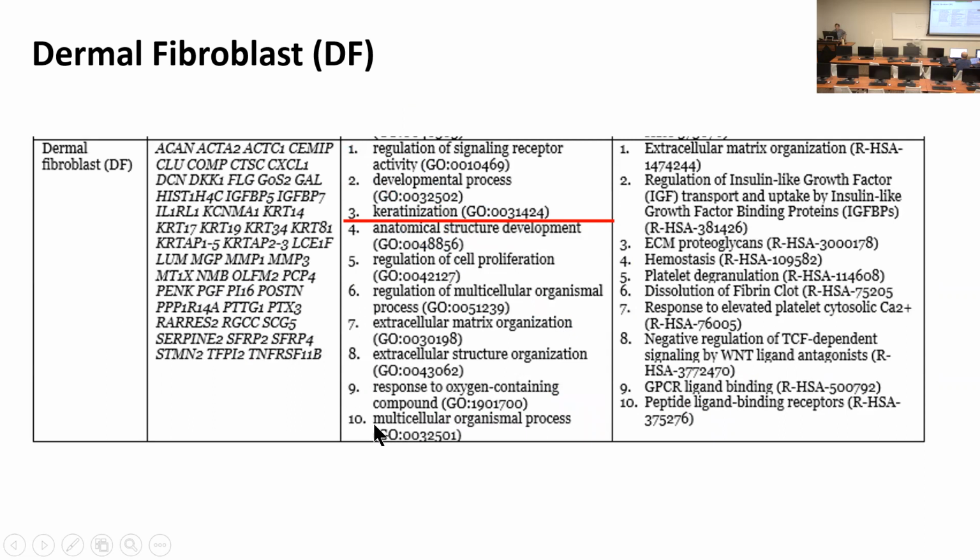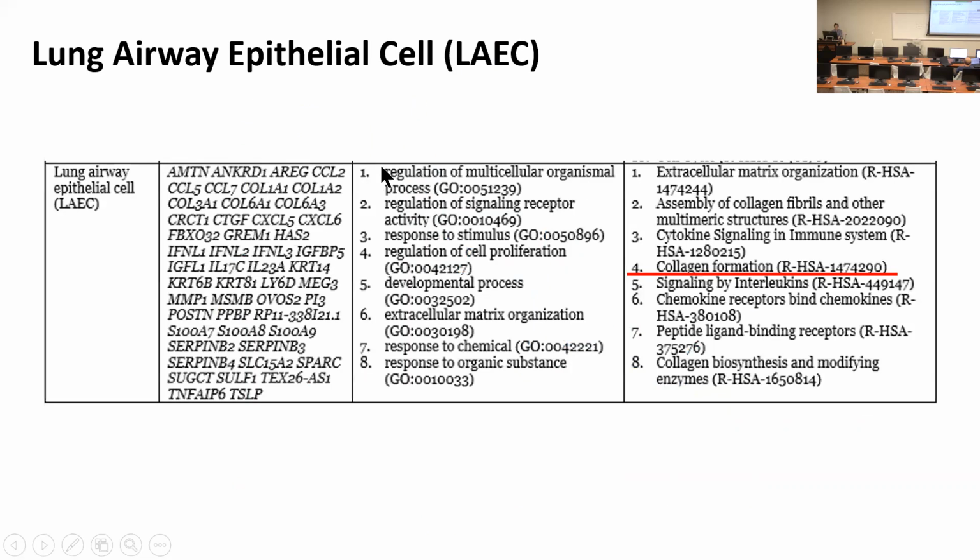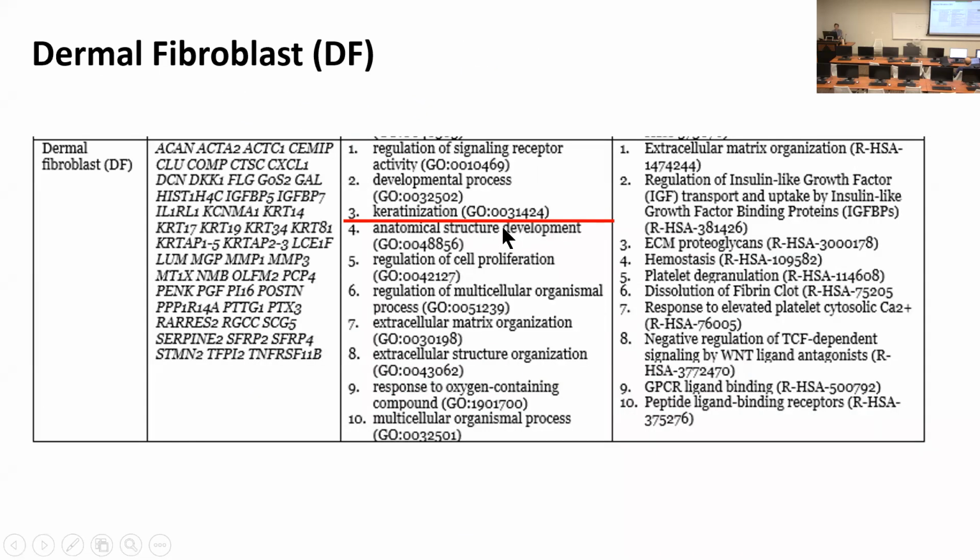I don't know if they're immune-related, oxygen content, but this is certainly very specific: keratinization. You don't expect keratinization in the immune cells. You don't expect this in the lung epithelium cell. You definitely don't want to have that. But that's in the fibroblast in the skin.